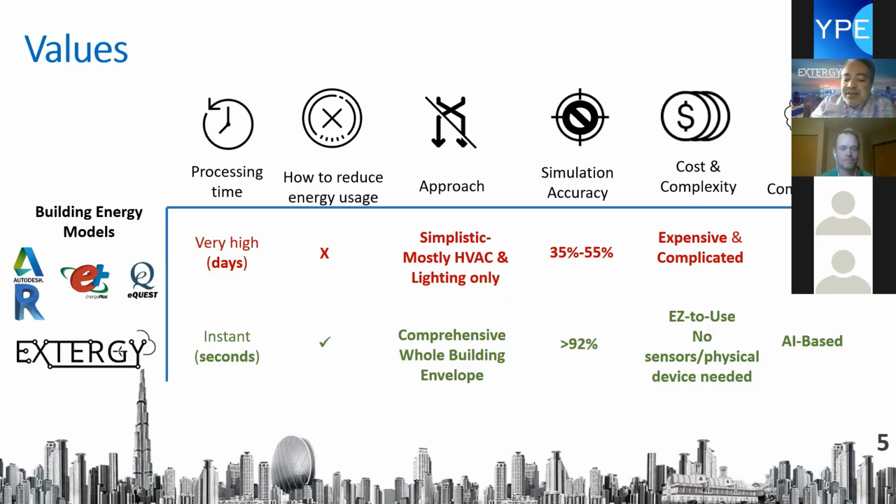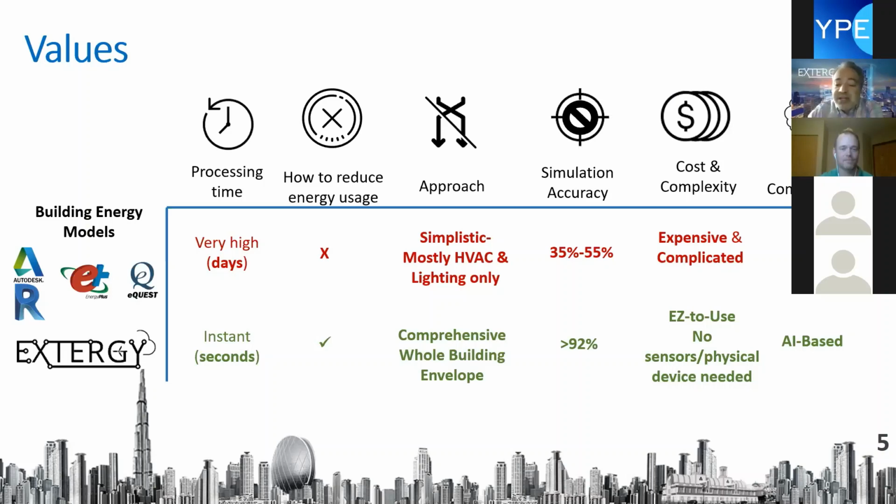That's based on how we analyze the data. The approach we are using is a comprehensive whole building envelope that considers all the components of the building envelope, rather than a simplistic approach just considering the HVAC or the lighting system. That's because of the complexity level of the other softwares and models.